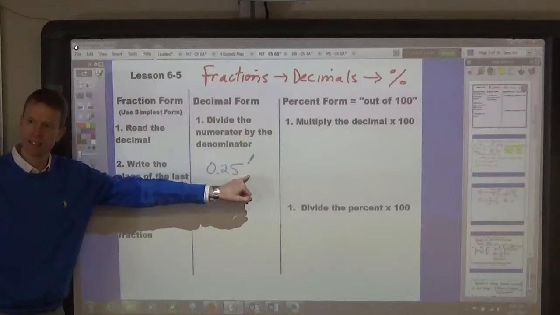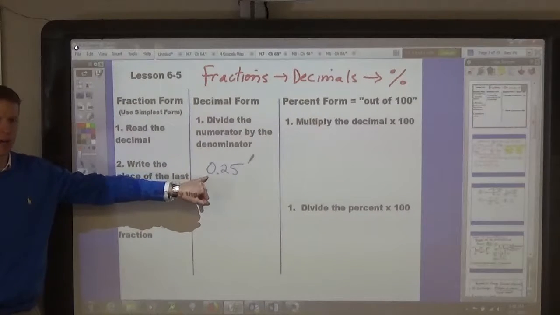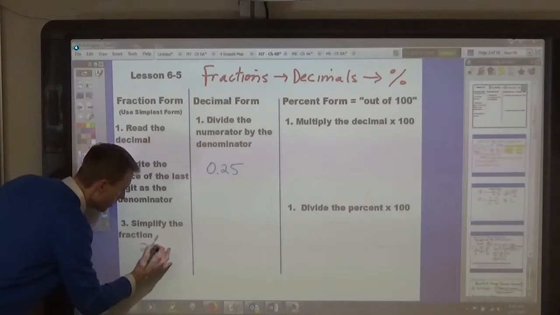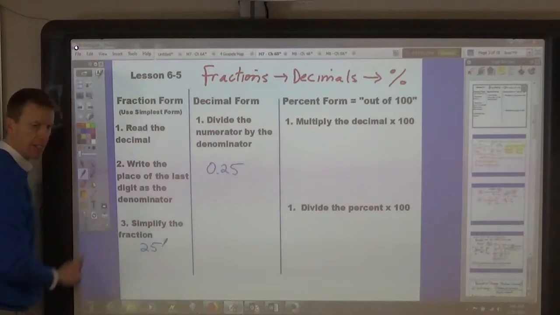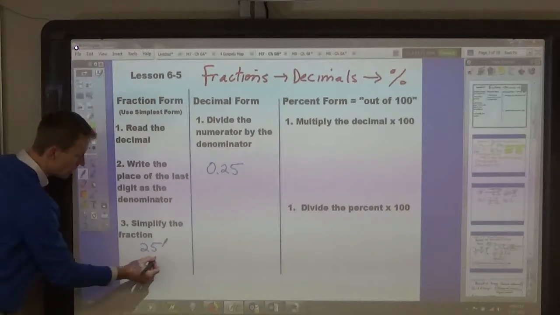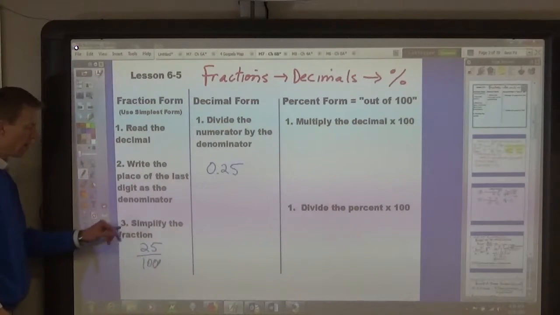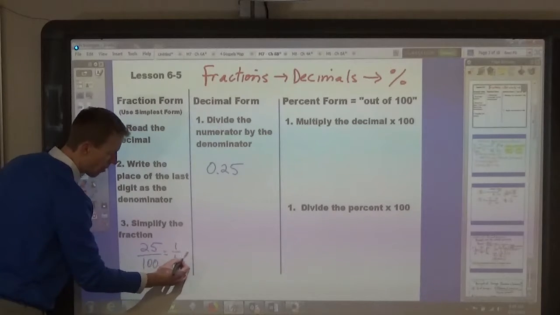That's just saying the digits. To read the number, you would read it as what? 25 hundredths. Good. You write the place of the last digit as the denominator. So since it's 25 hundredths, you write 25 over 100, and then simplify the fraction to 1/4.